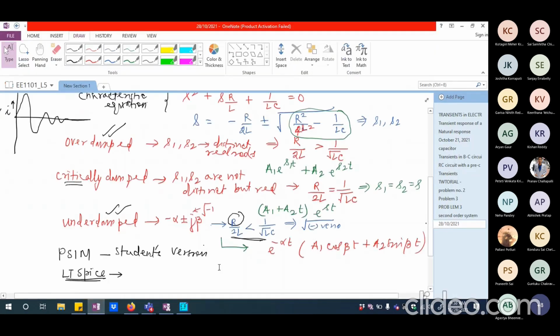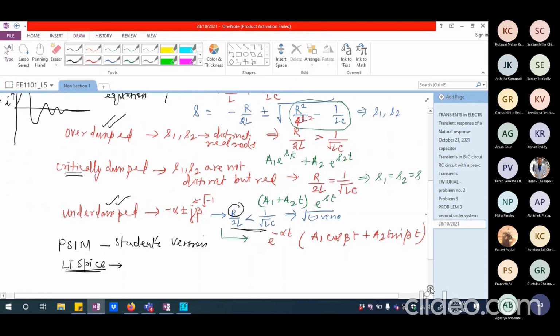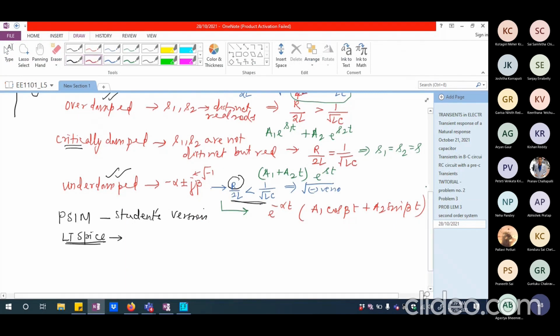And if I want to calculate for this system, I have taken example system 1. I have taken R to be 5 ohm, L to be 0.5 Henry, and C to be 0.125 Farad.